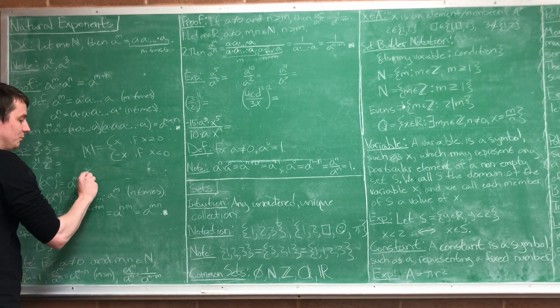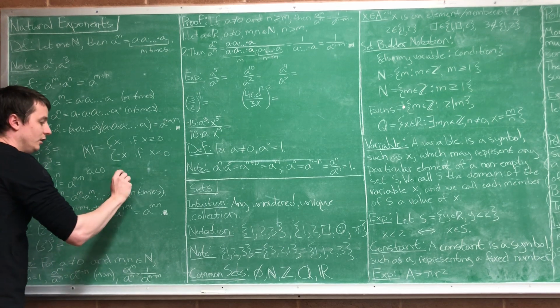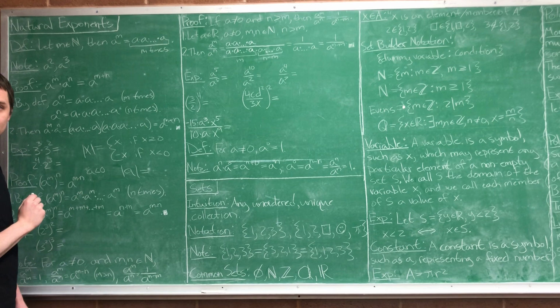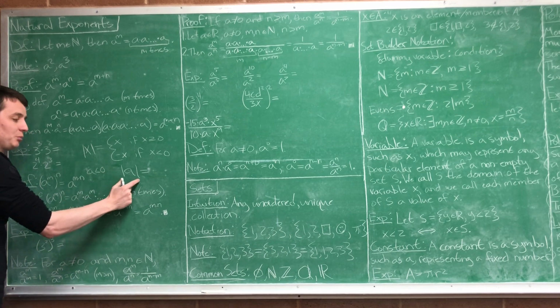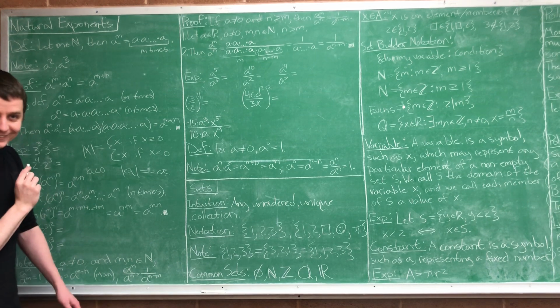Let's say that a is some number less than 0, some negative number. Then what's the absolute value of a? Negative a.